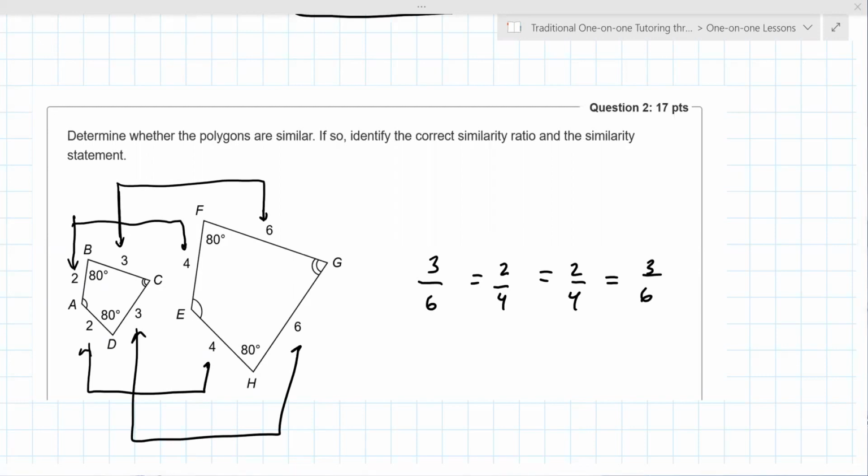Now the way that the answer goes is they don't just put the numbers. They give you the final answer down here, but they also give you the side lengths. They say like EF over BC, FG over AB.